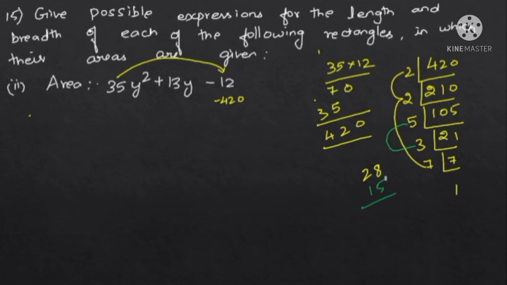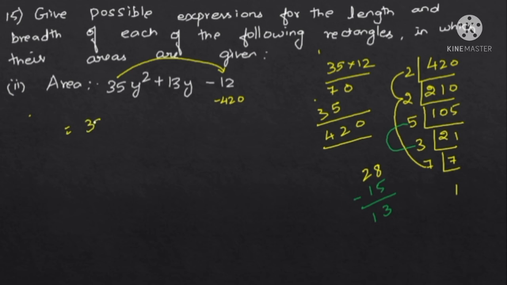If I choose plus 28 and minus 15, on adding we get 13, that is 28 minus 15, and if we multiply 28 into minus 15, we get minus 420.